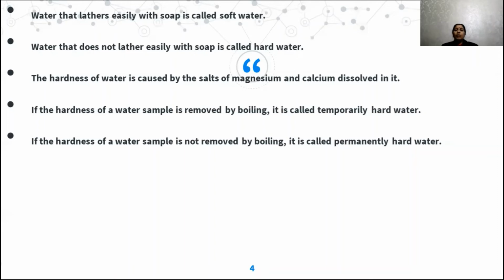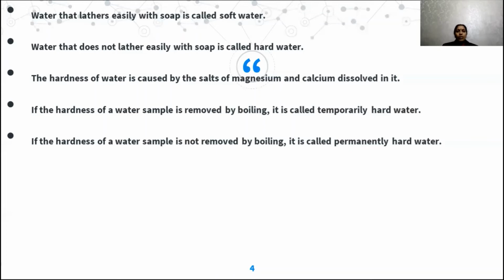So look at that. What is soft water and what is hard water? Water that lathers easily is called soft water. For example, we can notice that the water in some places forms lather easily. Lather easily means it will form bubbles.